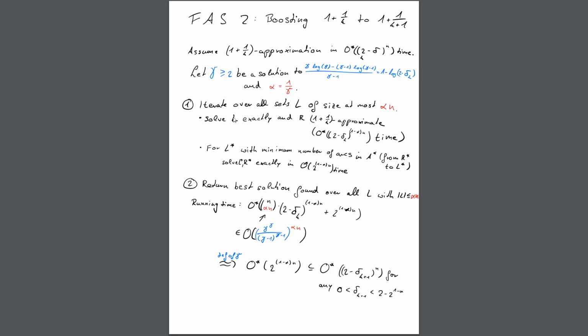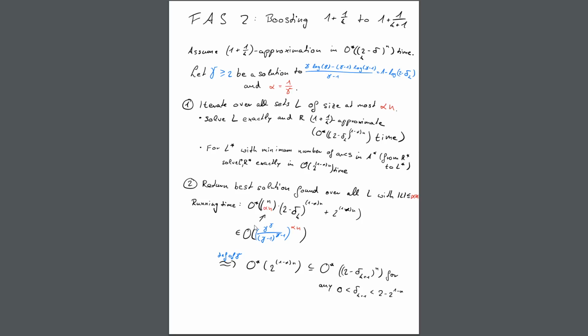Moreover, for the set L of size alpha n that has the minimum number of edges from R star to L star, we're going to also compute the value of R optimally, but we do this only once. And this takes us time 2 to the 1 minus alpha n time. And then we simply return the best solution we found for all L, either by an approximate solution for R or for this one set L star, the optimal solution for R star.